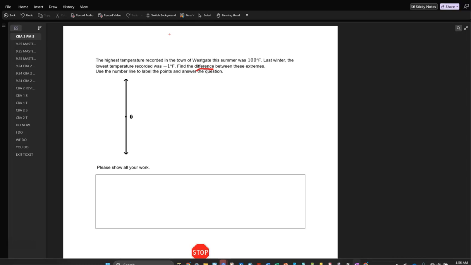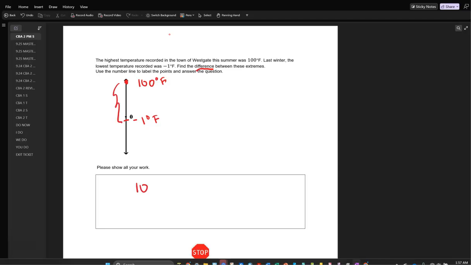Okay, so we're going to say 100 degrees Fahrenheit. And I think what they were looking for is, well, could they locate negative 1 degree? So as long as it was below 0, you'd be in the ball game. Alright, so they're looking for the difference.